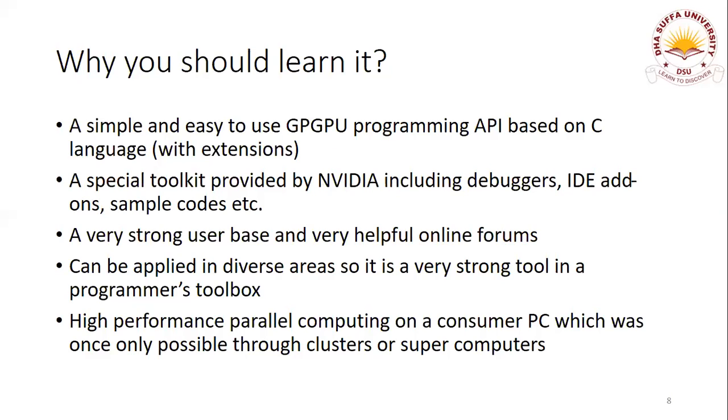It is a very simple and easy to use GPU programming API based on the C language. Before I introduce what GPU programming is: initially the graphic processing unit, GPU, was introduced only for graphics, for rendering, for games. But then it was realized that the power of GPUs, the power of thousands of cores, can be utilized for general purpose computing, like AI and machine learning, in bioinformatics.